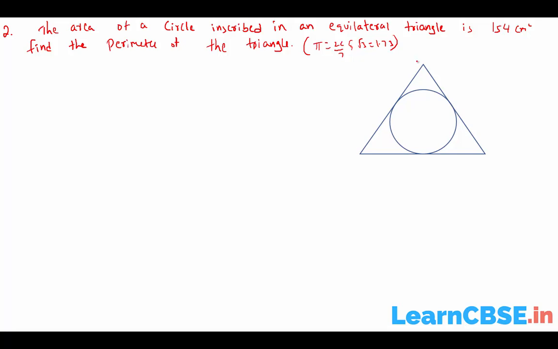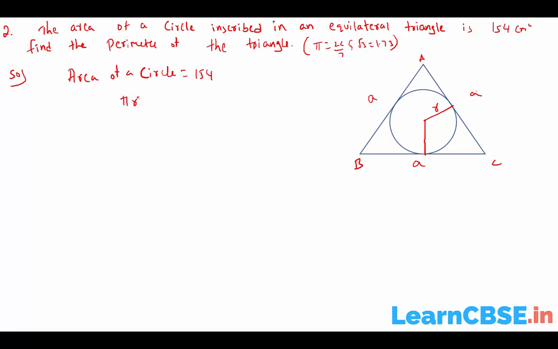Yes. But ABC is equilateral triangle. Let it be side is a and a. Now we need 3a, and moreover this is the inradius R. Now first get the value of R. Area of circle given is 154 centimeter square.